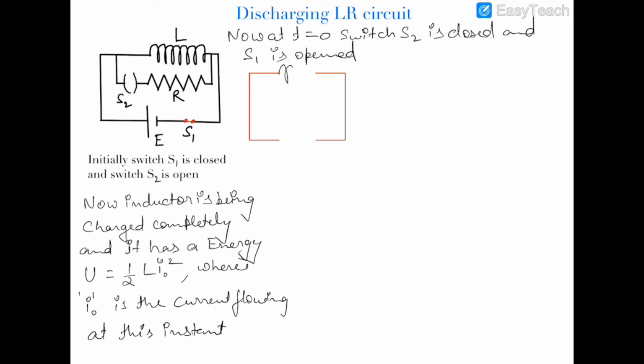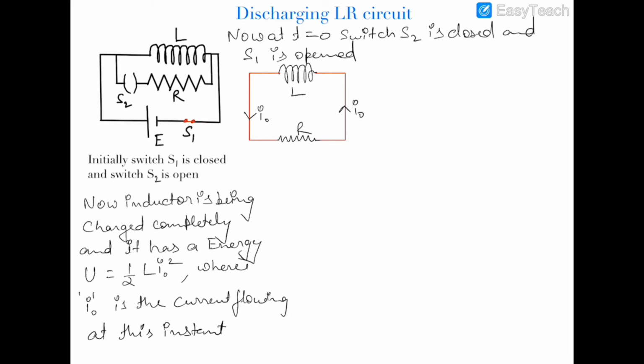Now this is the inductor and it is being connected with this resistance. This is L, and the current initially flowing in the circuit is I naught at t equal to 0.